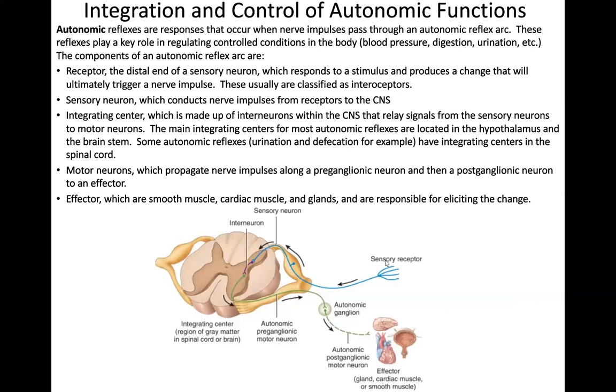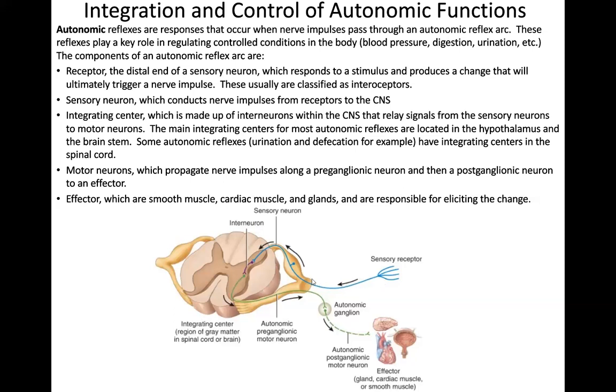These receptors involved with autonomic reflex arcs are usually classified as interoceptors, and we'll get into those more in our next lecture, when we talk about sensations and sensory receptors. We call them interoceptors because they're located in our interior. So places like inside the body, inside our organs, inside your blood vessels, monitoring different things in different conditions internally.